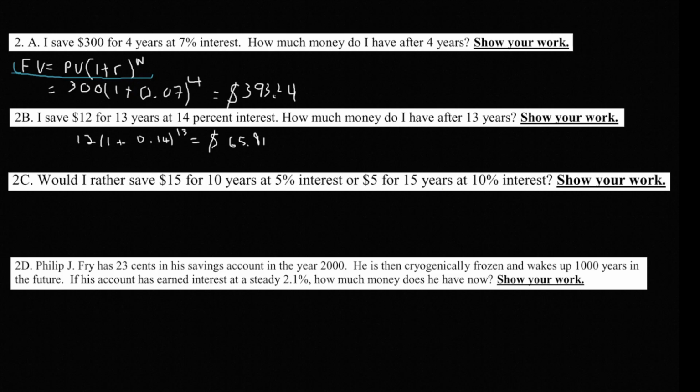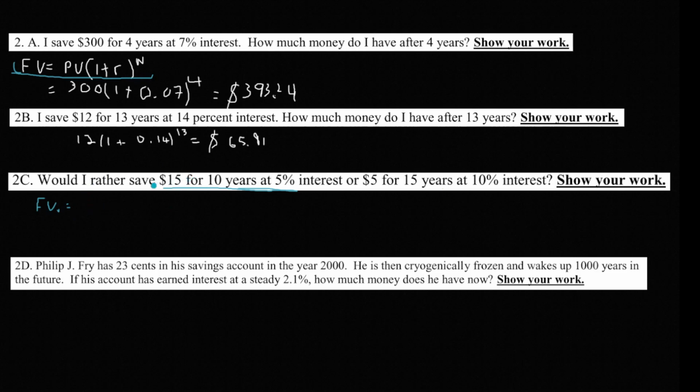Here is a question that kind of compares these. Would I rather save $15 for 10 years at 5% or $5 for 15 years at 10%? All right. So I'll do this one in blue over here, and I'll call this FV1 for the first set, and I'll substitute.